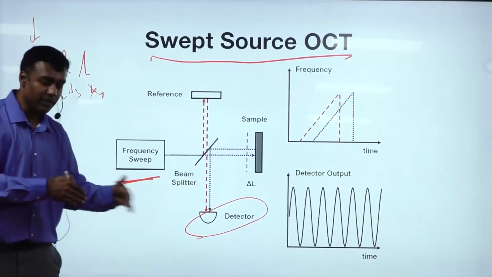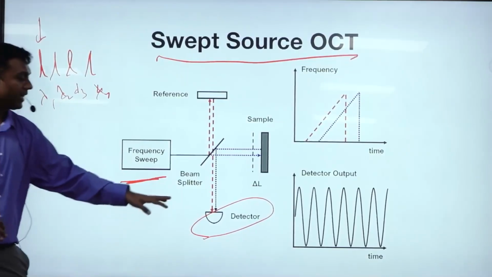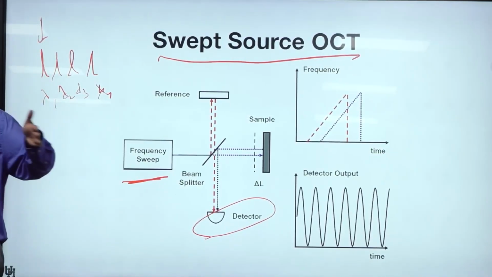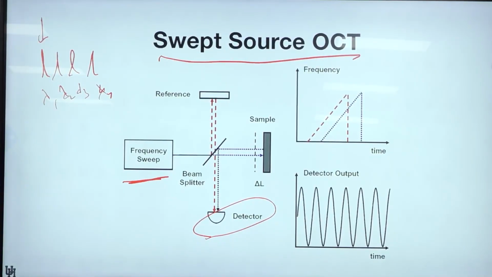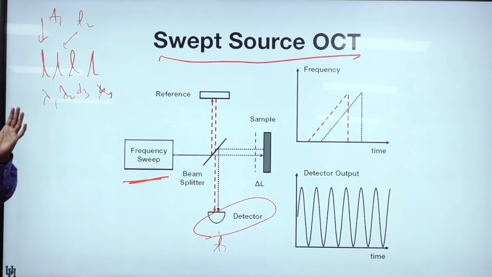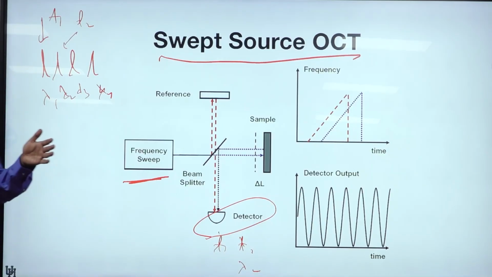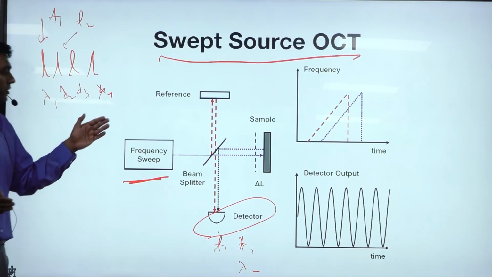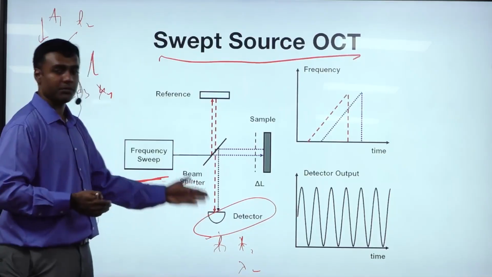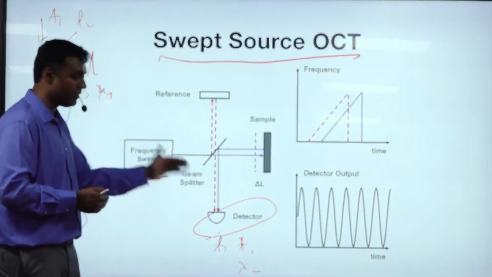So instead of separating wavelengths in space, you separate wavelengths in time. At time point T1, you get a detector measurement that corresponds to wavelength 1. At time point T2, you get the measurement for wavelength 2, lambda 2. So you change the wavelength, make a measurement, change the wavelength, make a measurement, change the wavelength, make a measurement.